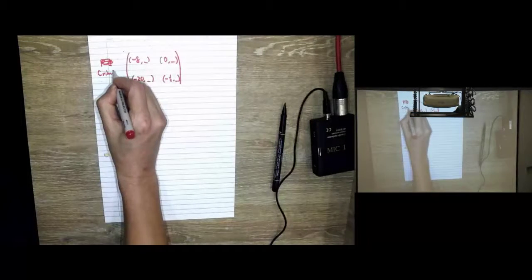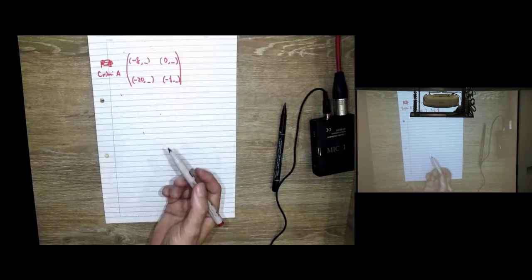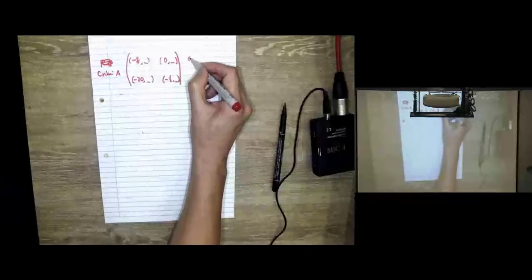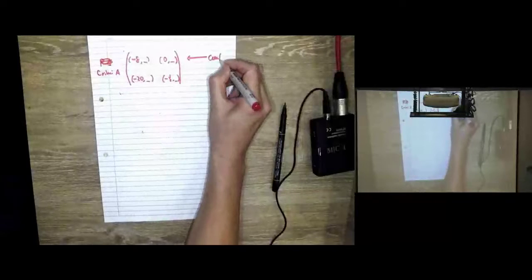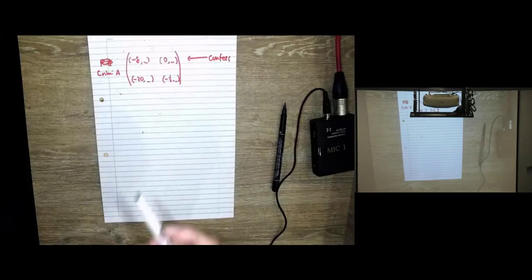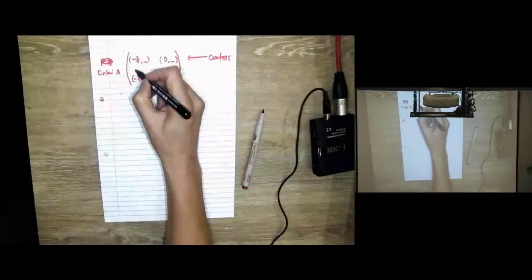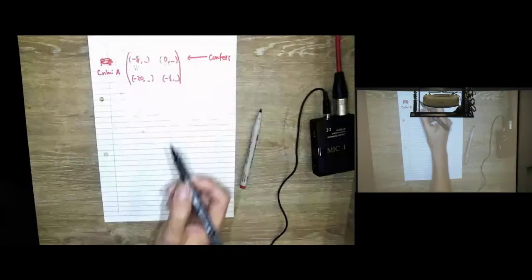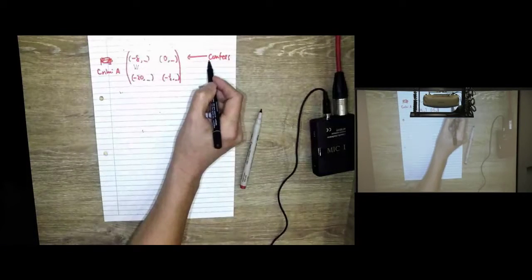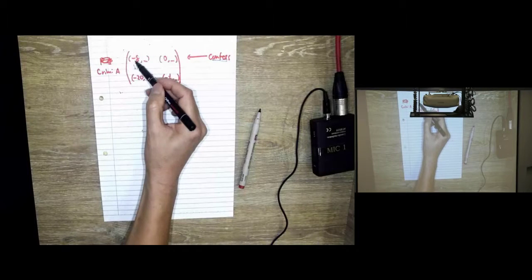Now I want to say this: the strategy confess is the dominant strategy. Why? Because here the reward is bigger, right? So in this column, his reward is bigger.